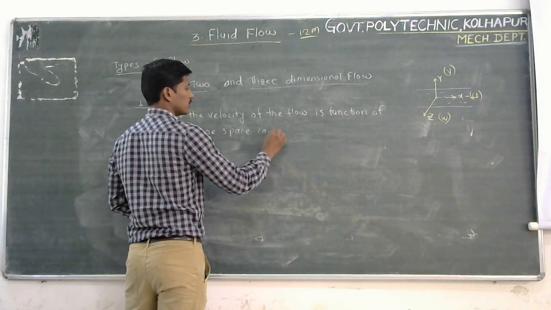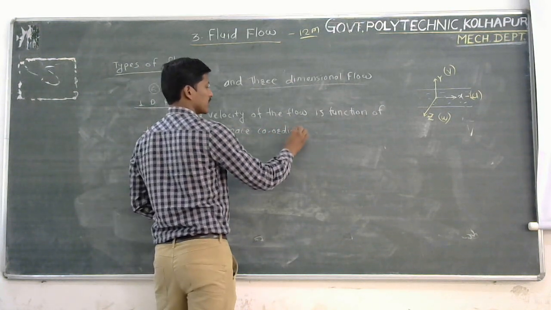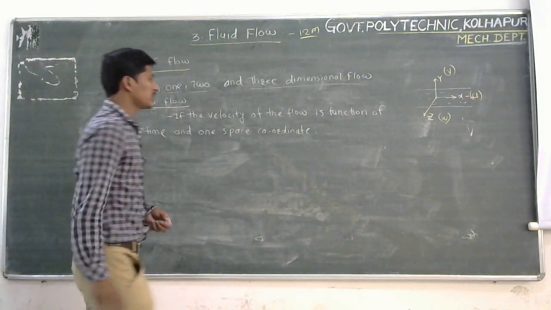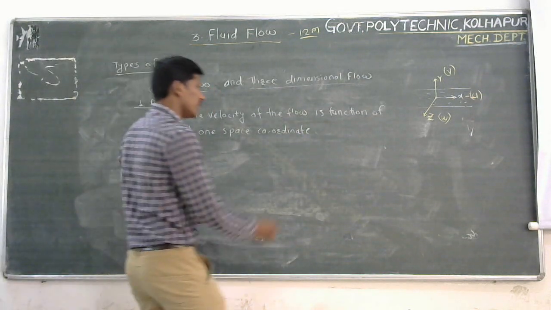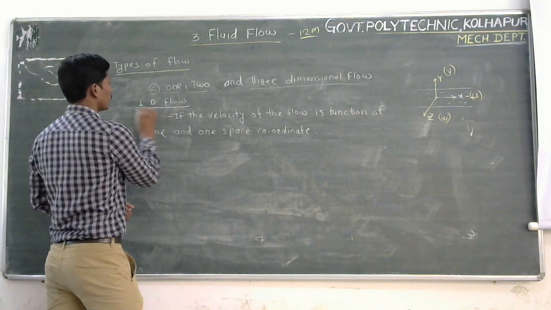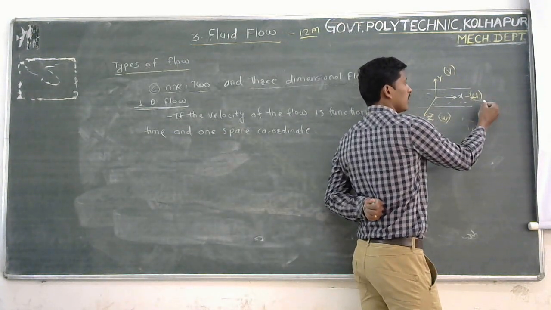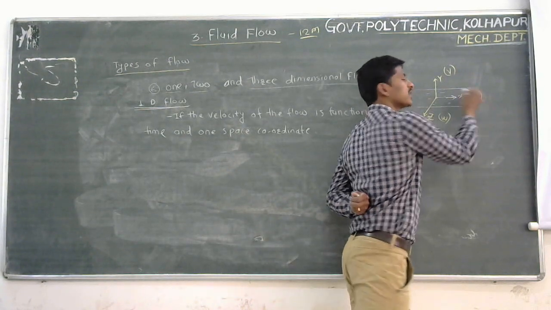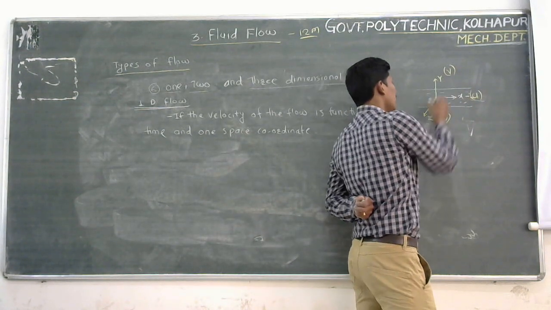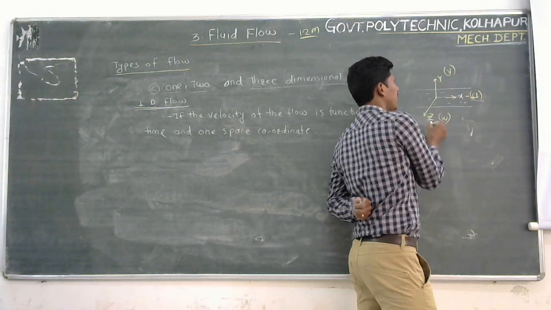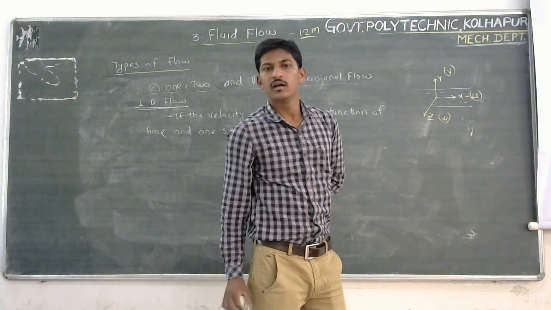Means there will be velocity only in x direction, and velocity in the other two directions, y and z, will be zero.